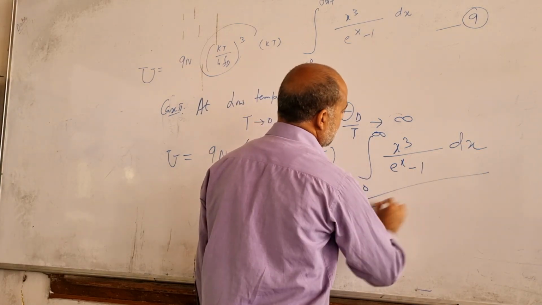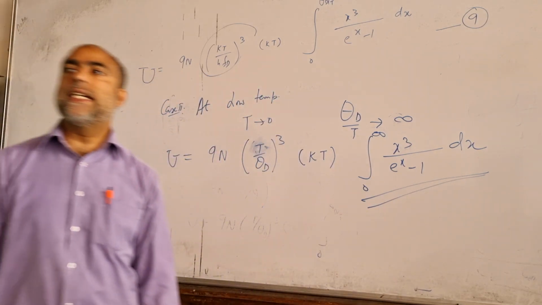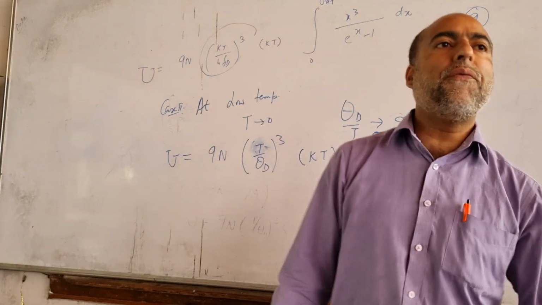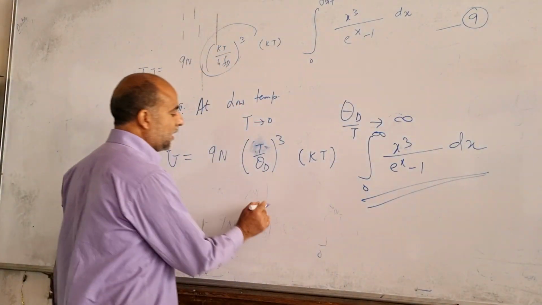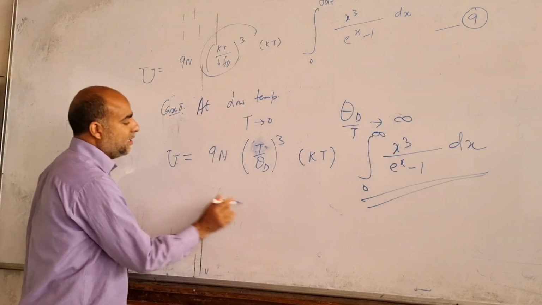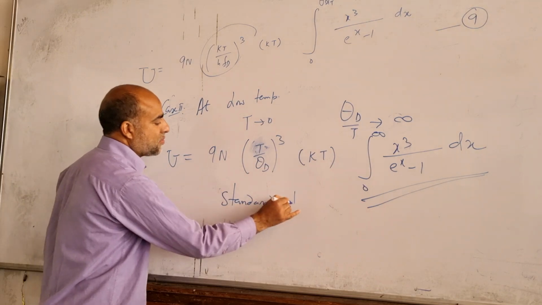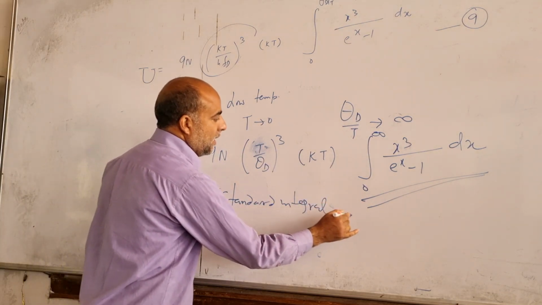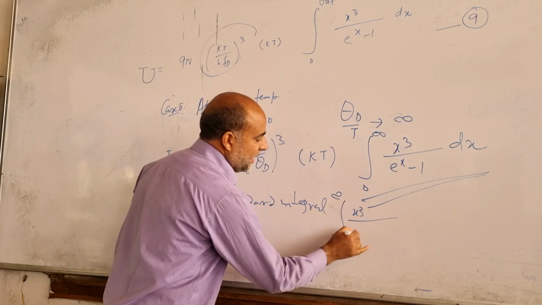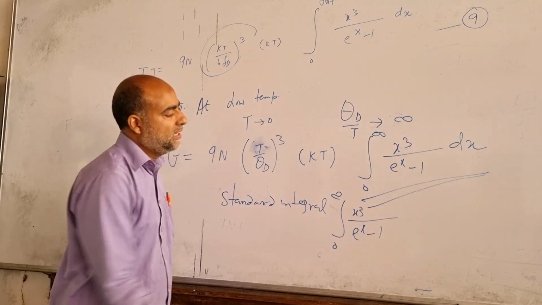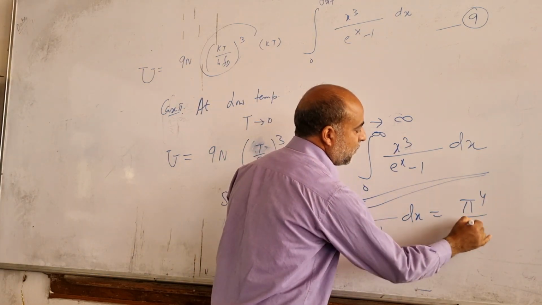If you remember, you have already solved or used this integral in your statistical mechanics. This is a standard integral. We know the standard integral from 0 to infinity of x cubed by e raised to x minus 1 dx is equal to pi to the power 4 by 15.